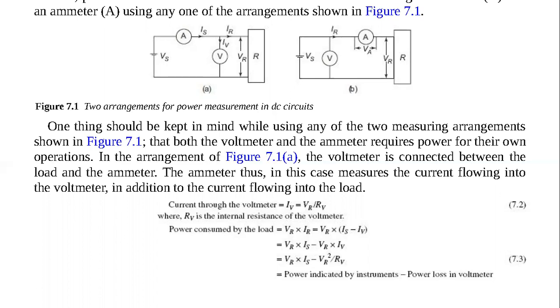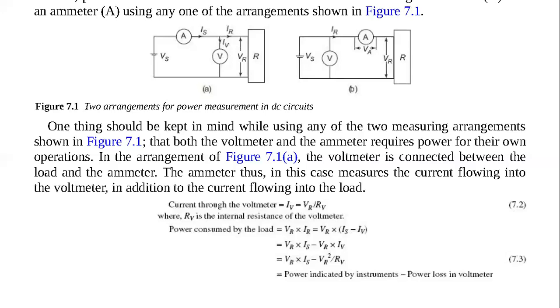And also there is the IR, which is the current through the resistor, the resistance being the load for this case. So that's why we're saying, according to Kirchhoff's current law, IR will be IS minus IV. And also IS is equal to IR plus IV. And also IV is equal to IS minus IR, such that the algebraic sum of those three will be equal to 0.